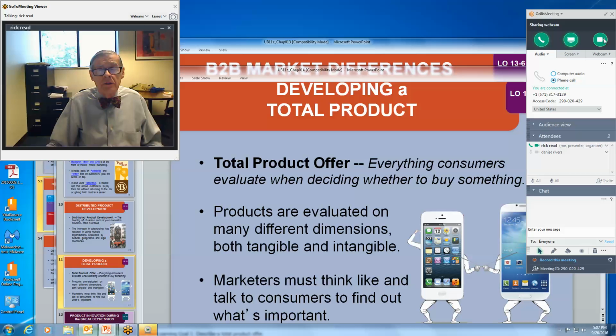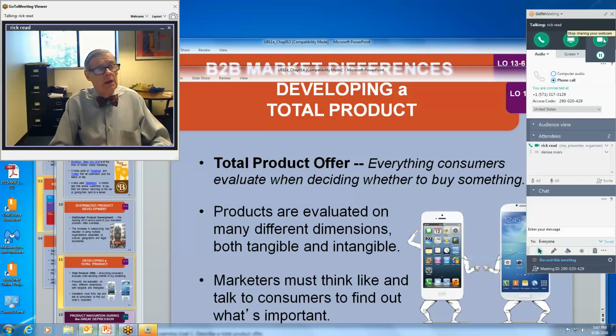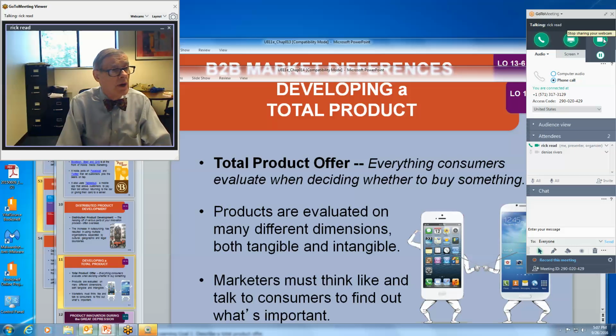Total product offer. Notice what this says. This is what your customer evaluates when he or she is going to buy a particular good or service. It's everything. It's not just the way the product looks, not just its size or its feel or something else. It's everything. And notice what the second bullet says.